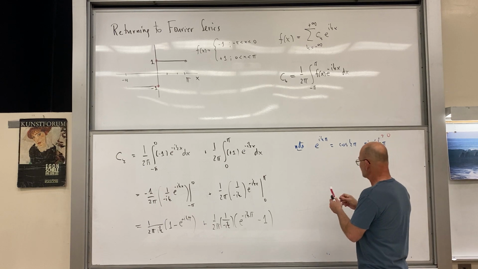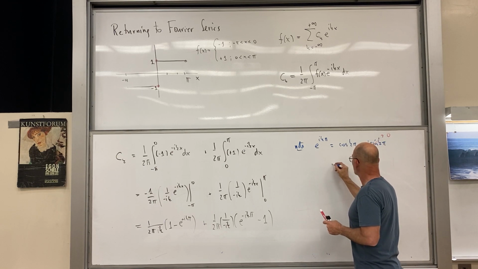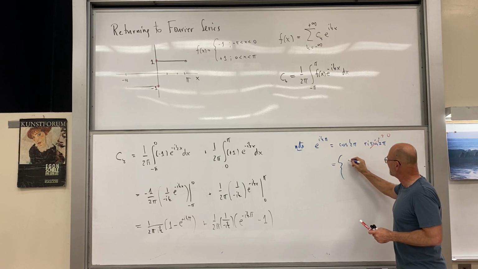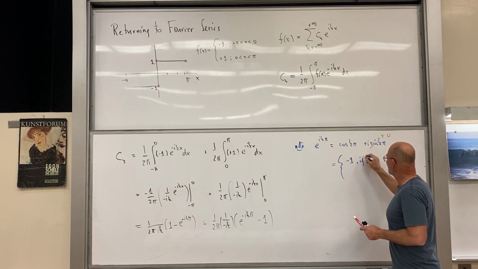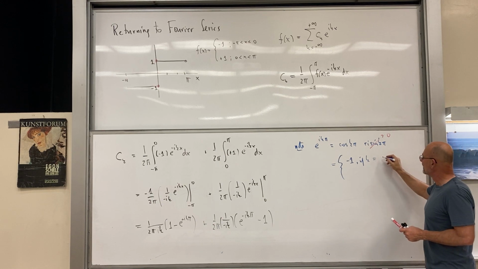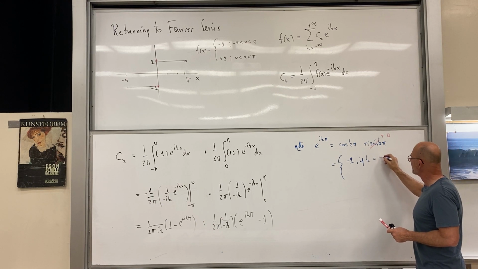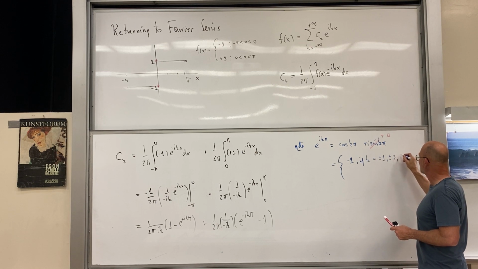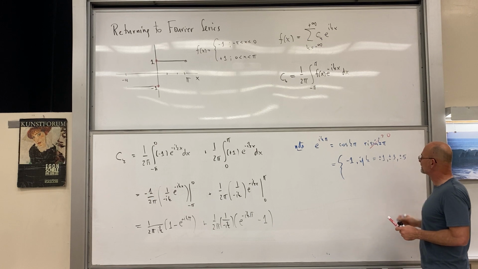So what does this equal? Equals -1 if k equals plus minus 1, plus minus 3, plus minus 5.